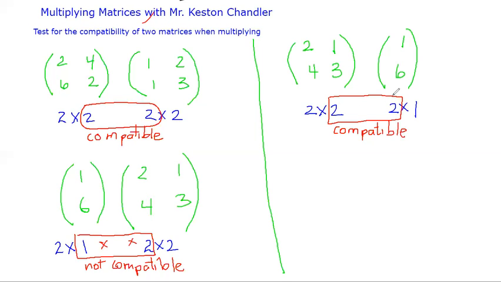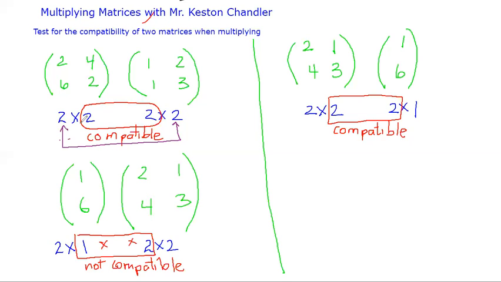So this is the first thing we need to check before we multiply matrices. We need to make sure that they're compatible. Now the next little trick is something I refer to as figuring out the order of the answer. For this first one, if I multiply these two matrices together, the answer will have 2 rows and 2 columns.